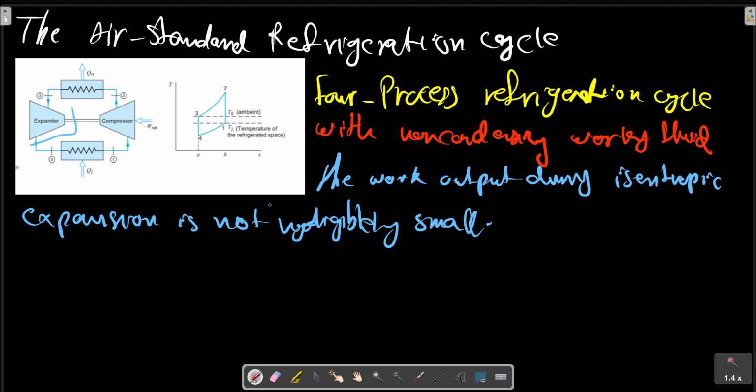Therefore, we retain the turbine for the steady-state process ideal air standard refrigeration cycle shown in the picture.